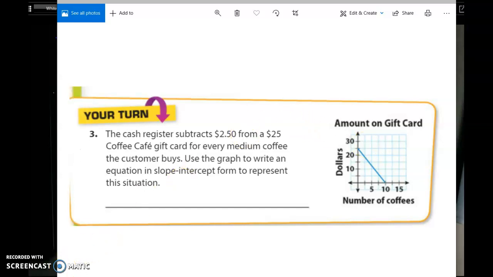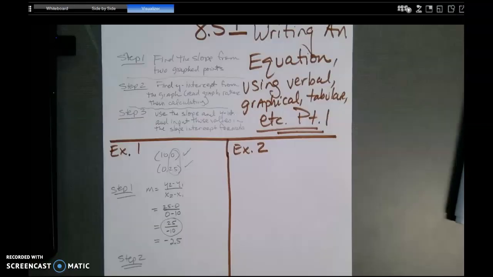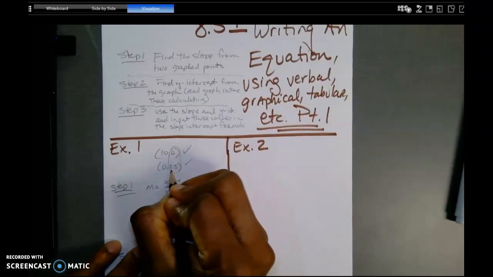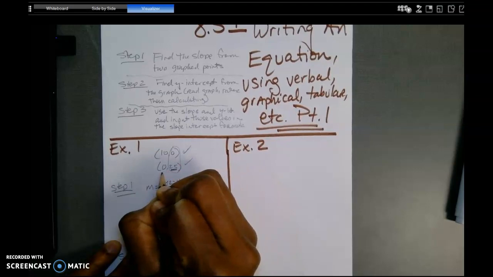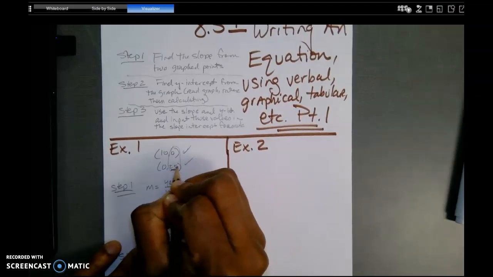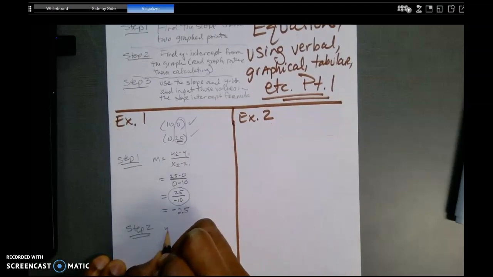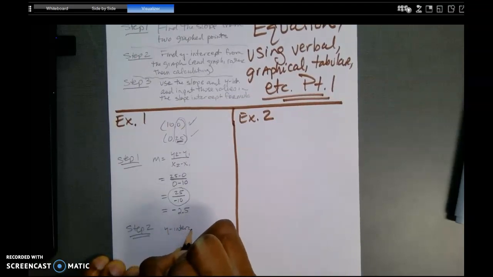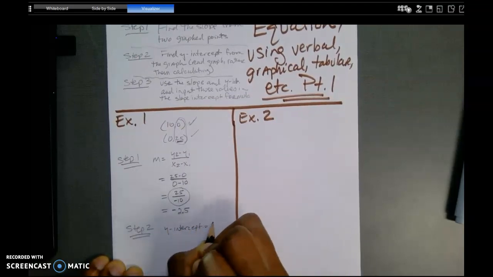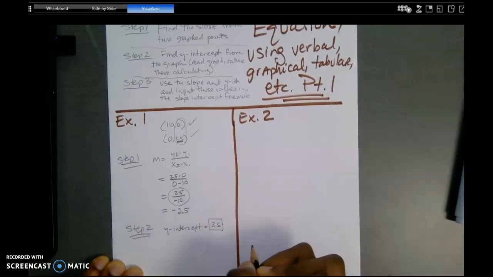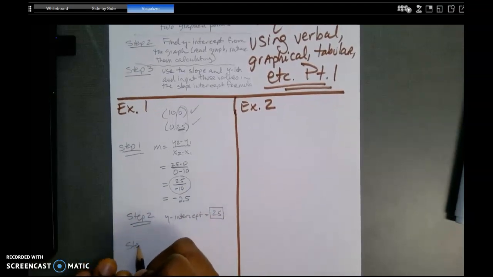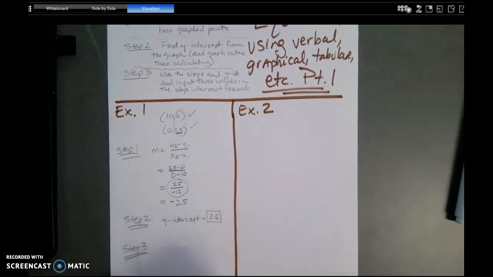The value for y is going to be 25. That's x and y. My value for y, where it actually hits y, is going to be 25. So the y-intercept equals 25.